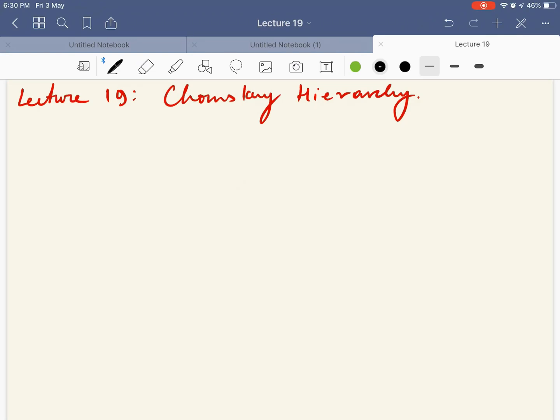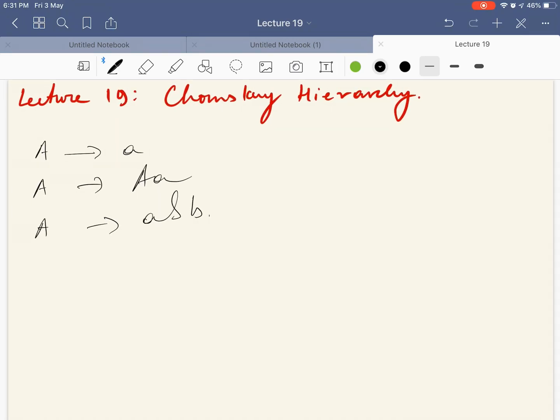Till date, whatever languages we have seen, the left hand side must consist of a variable and the right hand side is a combination of variable and terminal symbol. It may be A to a, or A to aA, or S to aSb. These are the languages that we have seen, right?